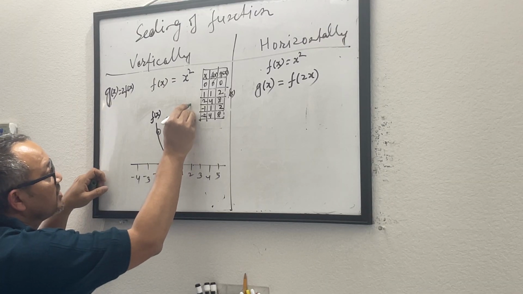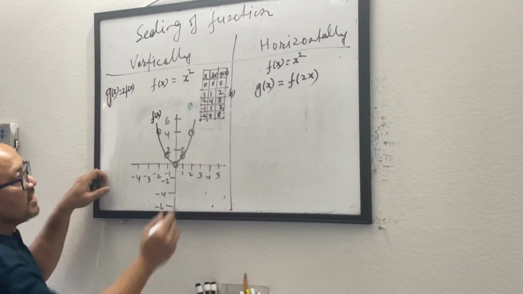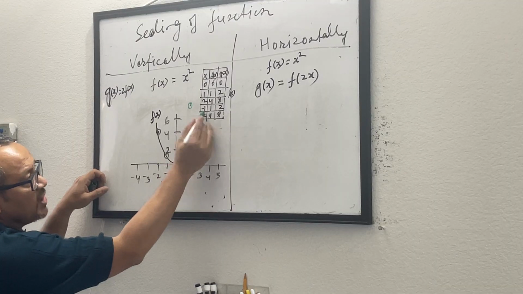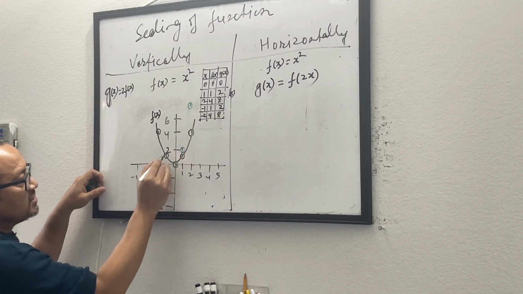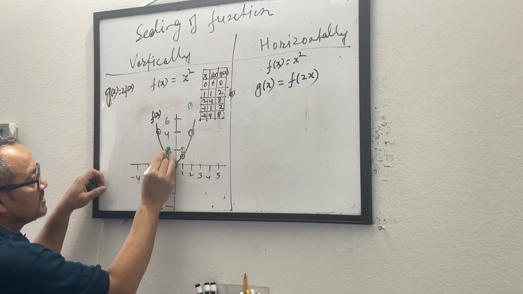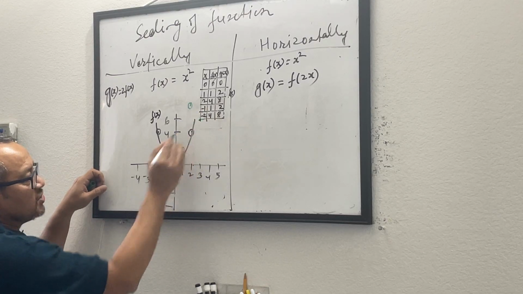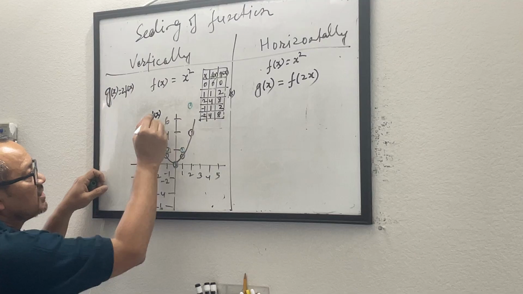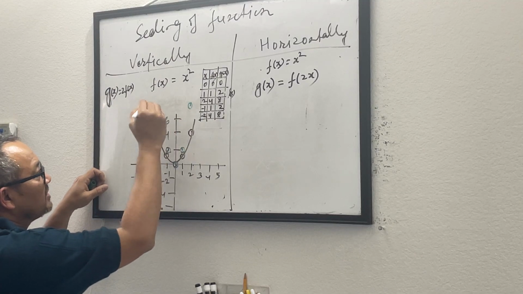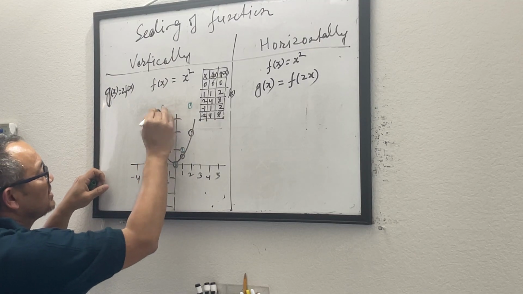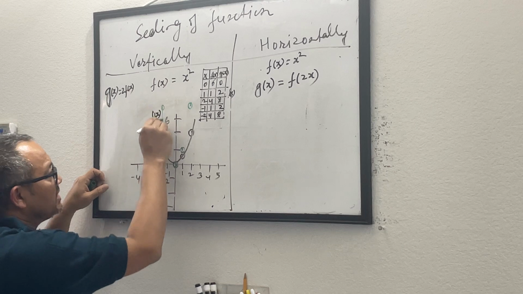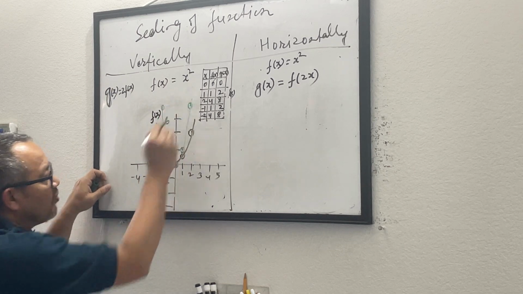Somewhere here. When x was minus 1, g of x was 2. Again here. When x was minus 2, g of x was 8 again. So same place here. If I join these points, what did you see?